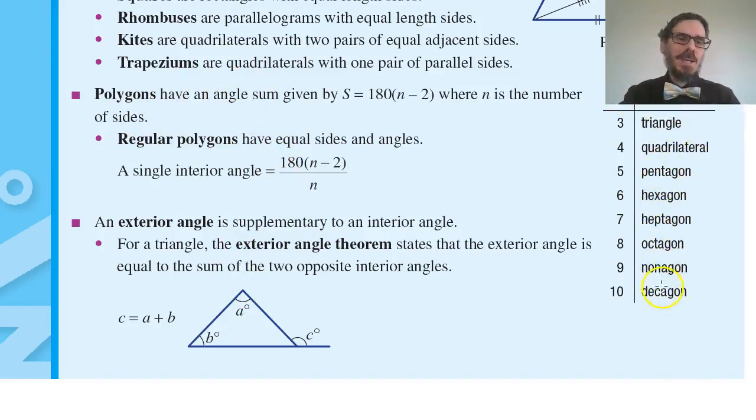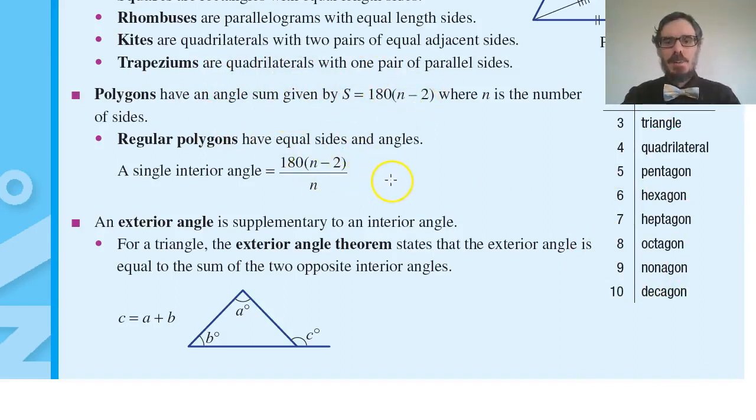You can probably recognise many of them, but numbers up to 10 are worth knowing anyway. Actually, in Australia, we have a 12-sided 50-cent piece. That's a dodecagon, another word you might want to know. The interesting thing about this is the sum of the angles inside a polygon. This looks like a fancy magic formula.